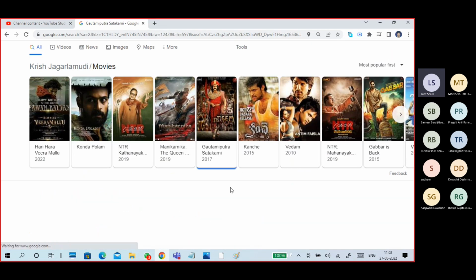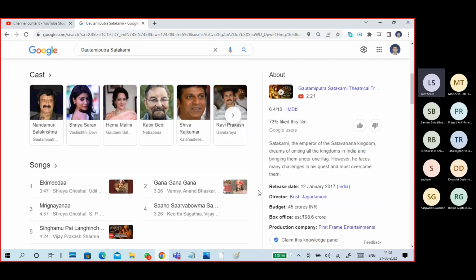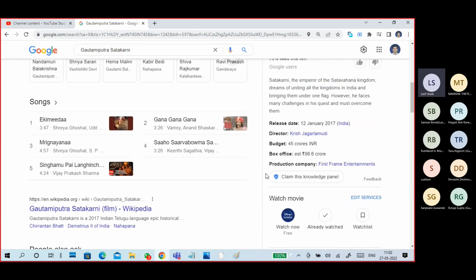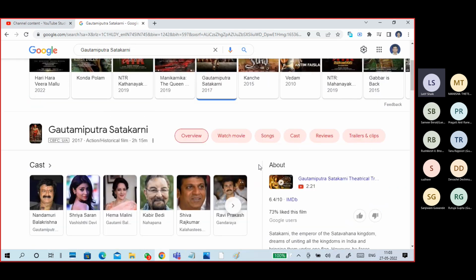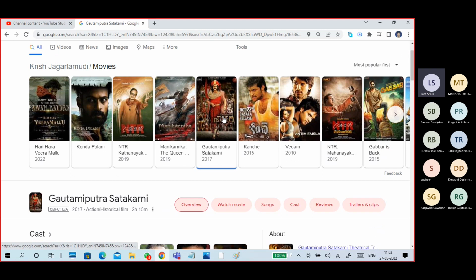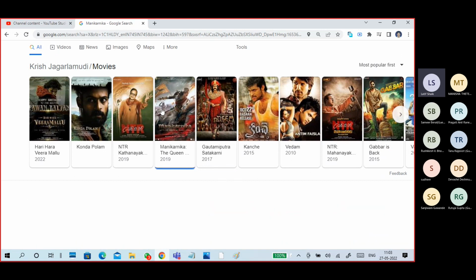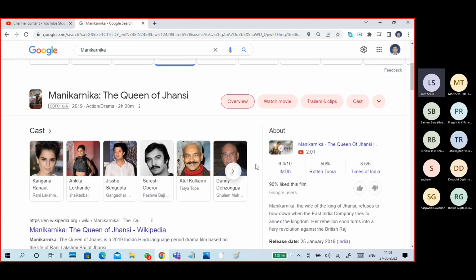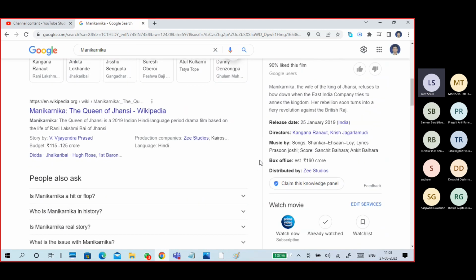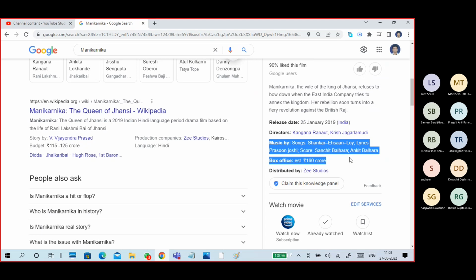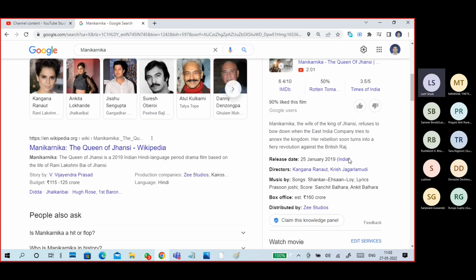This is the movie with less budget and more profit. Initially they wanted to put in only 10 to 15 crores, but it became a blockbuster, a paisa vasool movie. This is a Hindi movie, half of which was directed by Krish, because he controlled the budget.